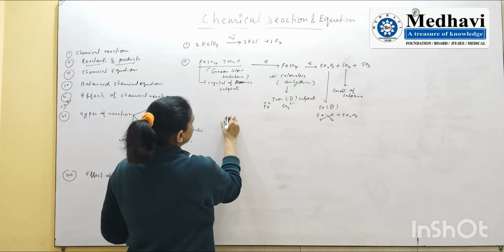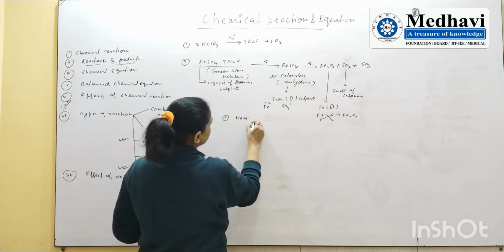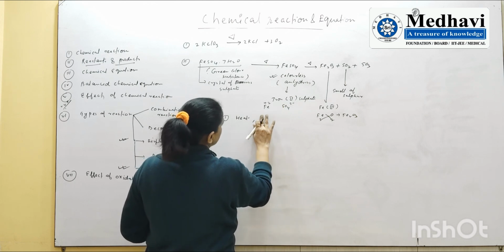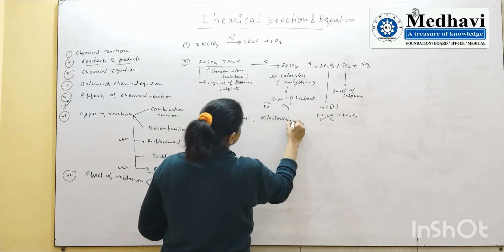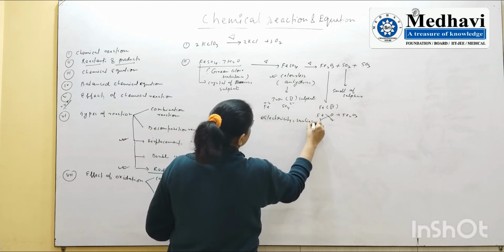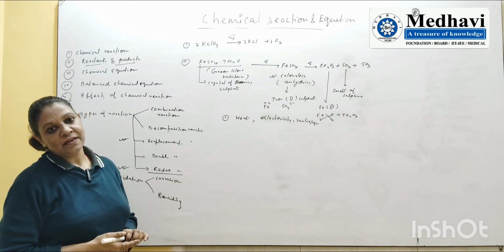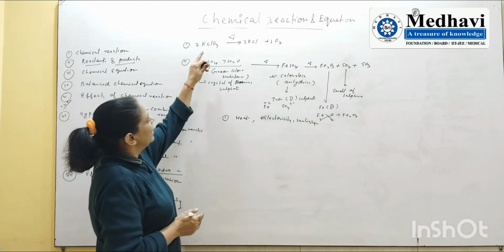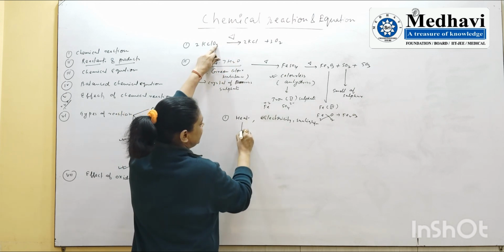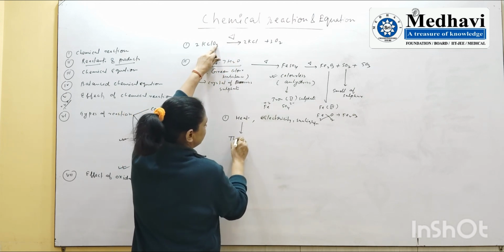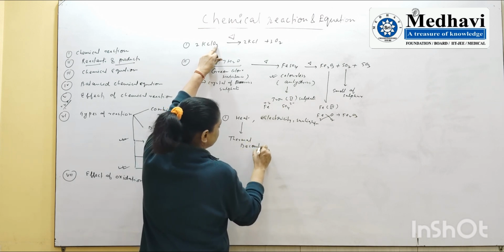So decomposition reaction is that type of chemical reaction in which we use either heat or electricity or sunlight, very important point, to break the compound. Here potassium chlorate is broken in presence of heat. This is called thermal decomposition, very important point.